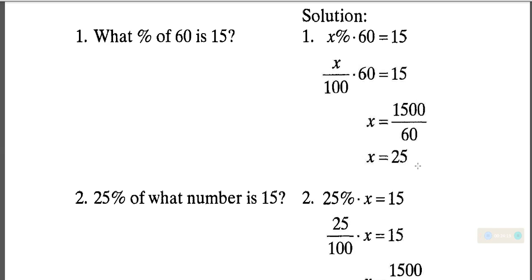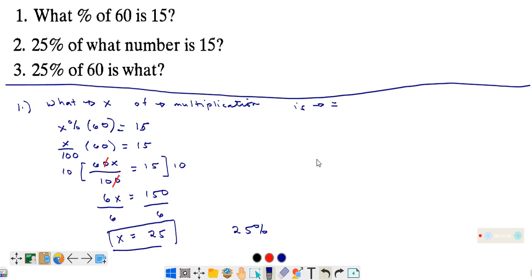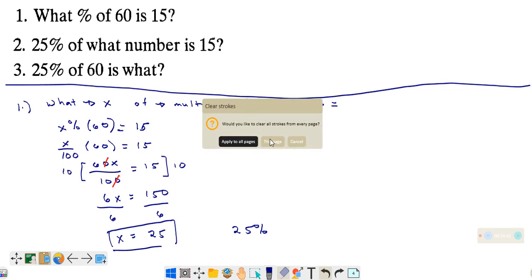So, what percent daw of 60 is 15? Ang sagot natin ay 25%. Hindi kumpleto yung sagot dito. X na lang yung nilagay. Dapat may symbol. So, 25% of 60 is 15.